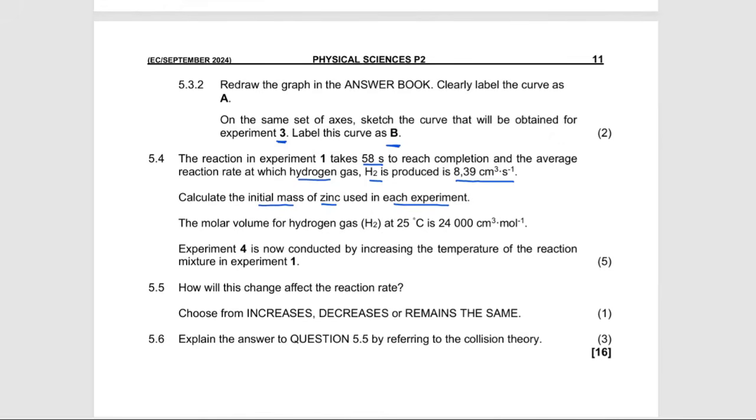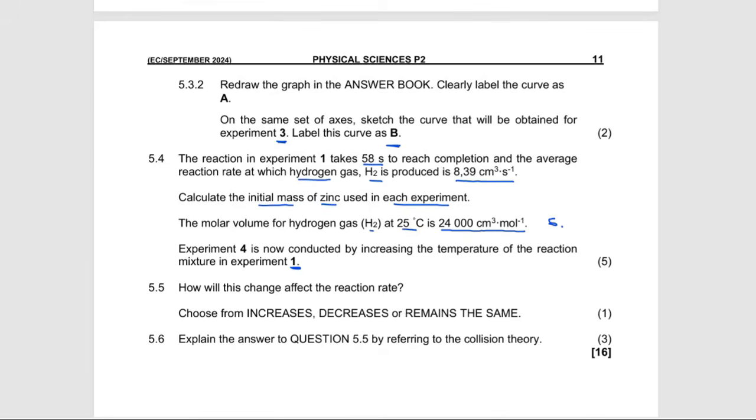They are also saying the molar volume of hydrogen gas, H2, at 25 degrees is 24,000 cubic centimeters per mole, right? Experiment number four is now conducted by increasing the temperature of the reaction mixture in experiment one, right? So I think this question was supposed to end where we calculate the initial mass of the zinc there, right?